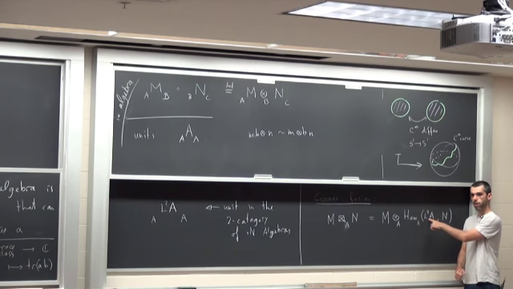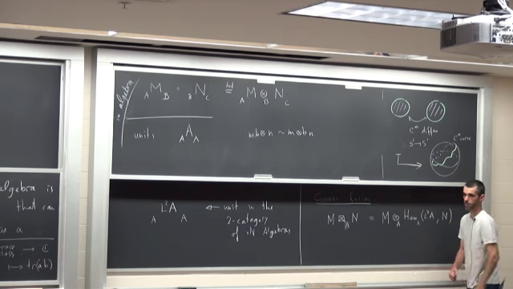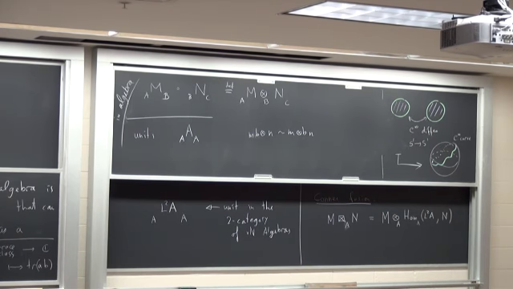L2 of A is also a left A module, so it makes sense to look at A-equivariant maps from this to there. L2 of A is also a right A module, and therefore this hom as a whole has a left action, and then you take the usual tensor product over this. I mean, this still needs to be completed in some sense to make a Hilbert space.